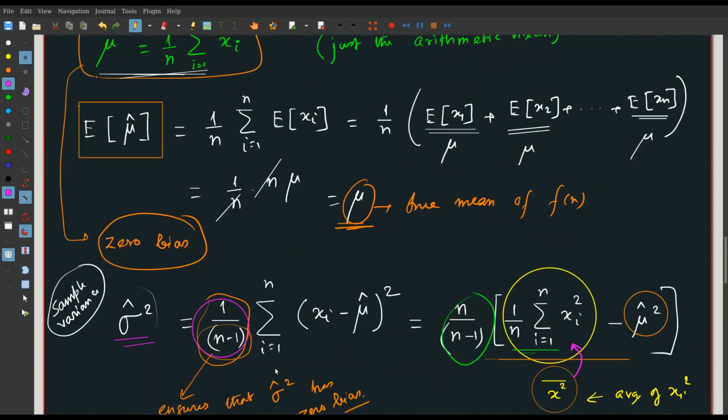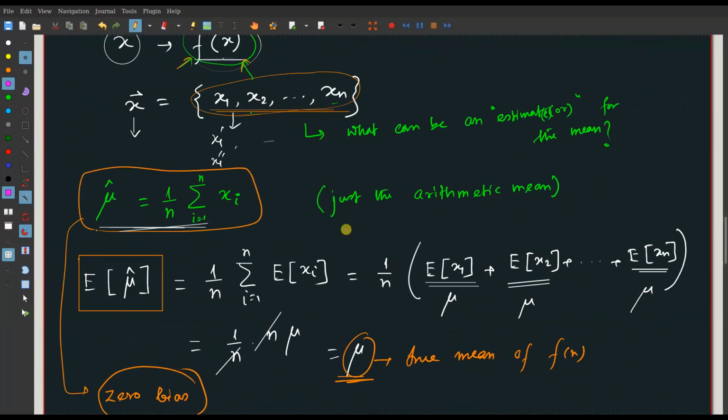That would be the content of the next discussion. For now, we are getting these estimators just by plain guessing. So who told me that the functional form of this estimator for mu will be just the arithmetic sum? Nobody told me. I just guessed from the way I construct mean and variance and so on. I just guessed it.